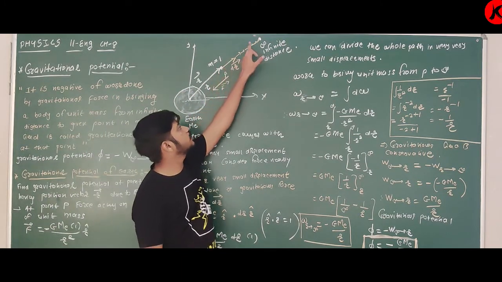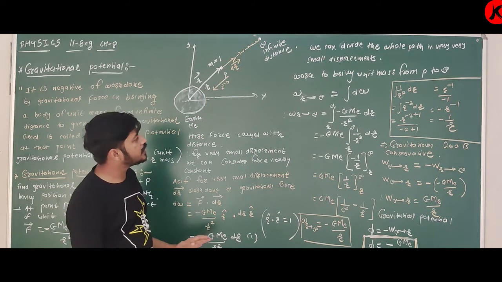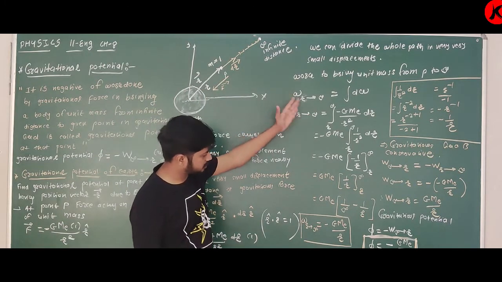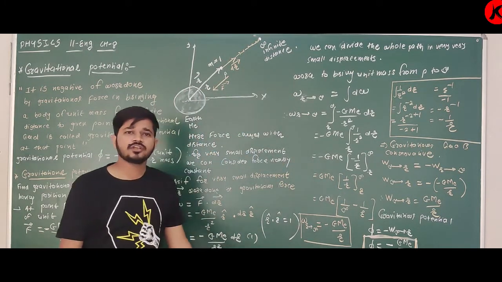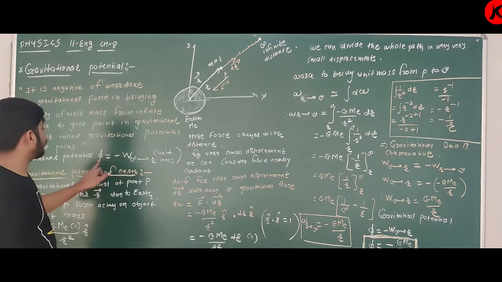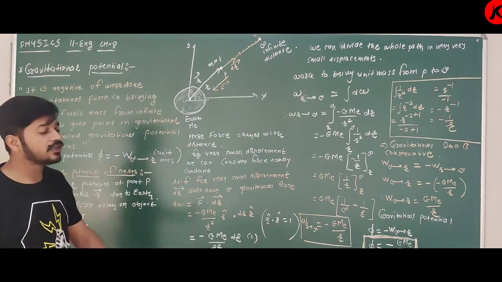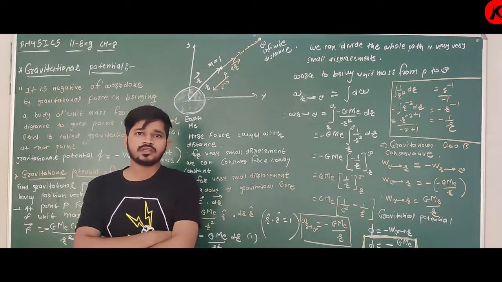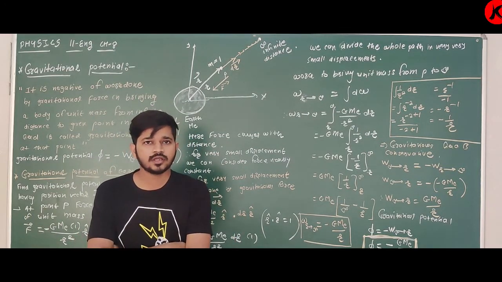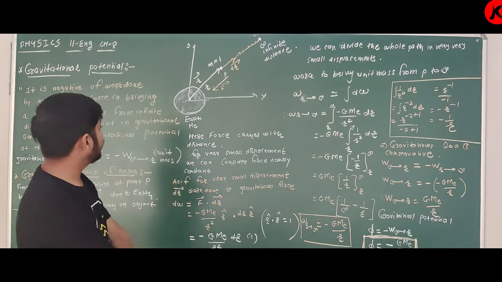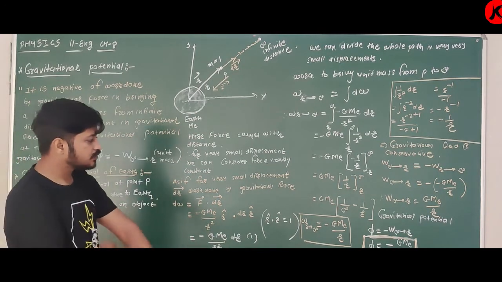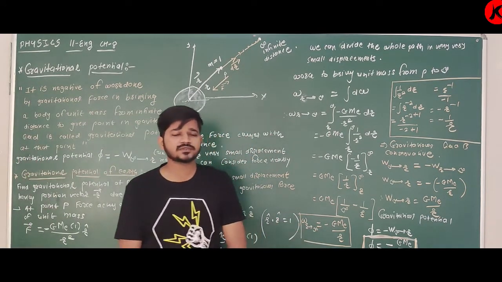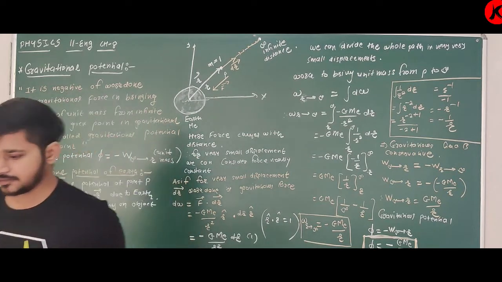Now, to find total work done between R to infinite, you have to take its integration. And then follow this definition. You can easily derive this equation. Clear about this? Okay, so it is gravitational potential. Yes, we also have to see some special cases for this gravitational potential.